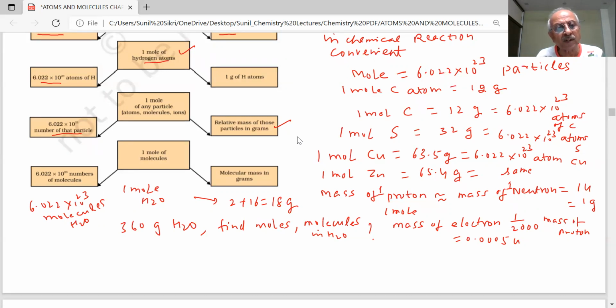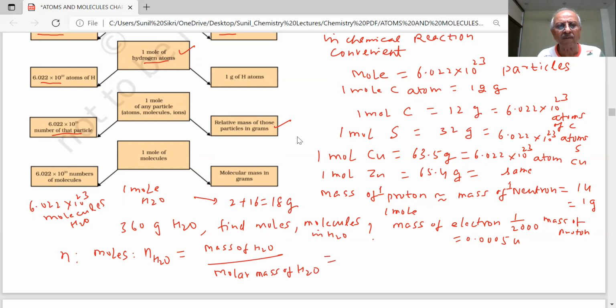How will you find the moles? Moles of water, and I'm using n as the moles of water. n equals mass of water divided by molar mass of water.